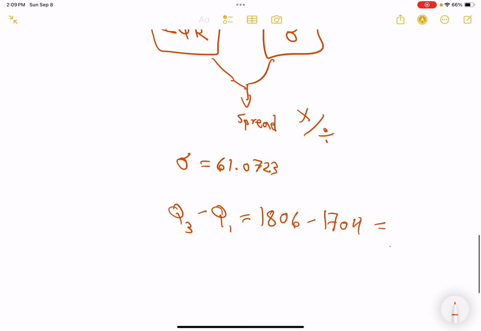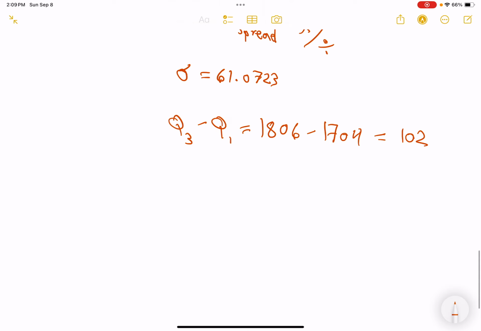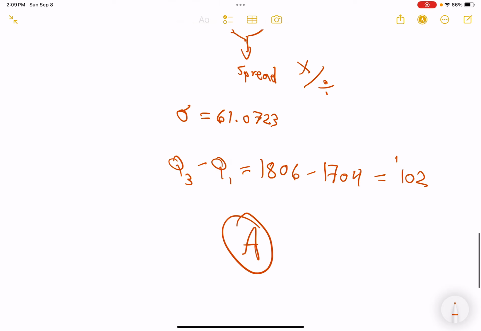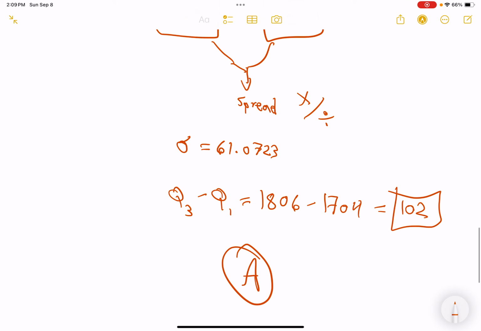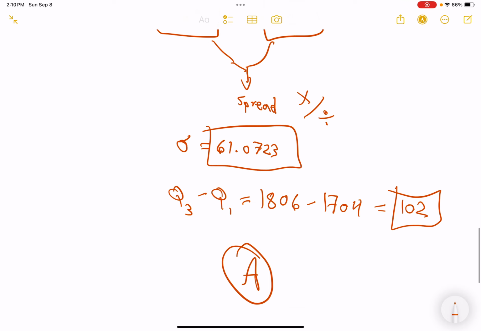And that is equal to 102. Okay, so that must mean our answer is A, where 102 and 61.0723 are our interquartile range and standard deviation respectively.